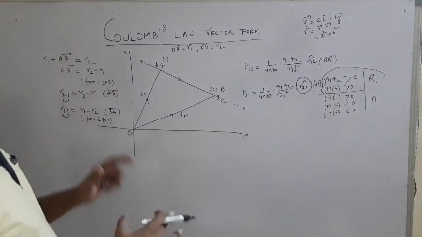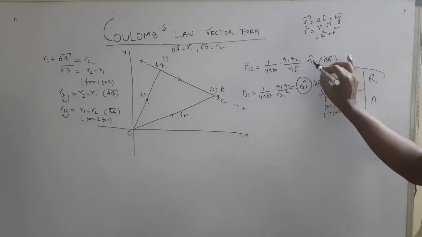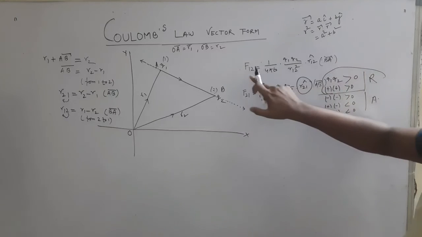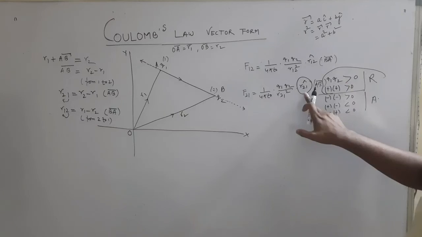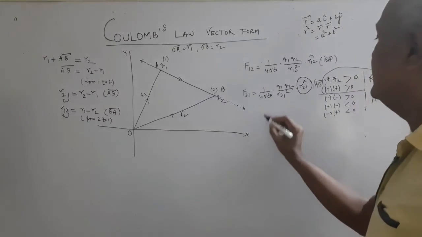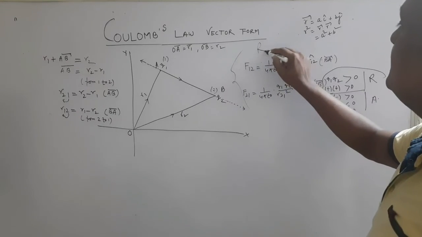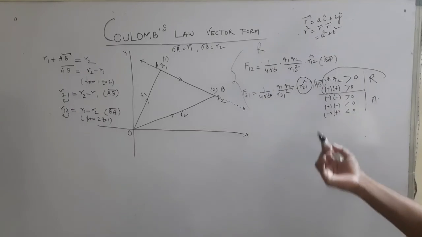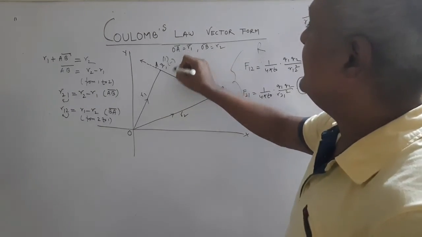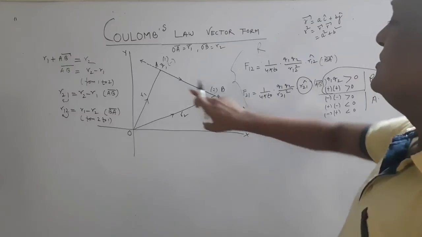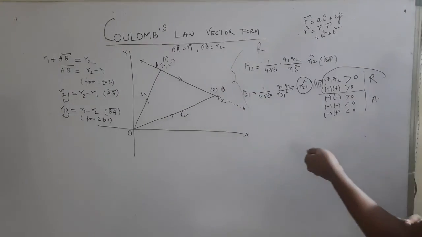Now if the charges are different, then only this R12 will change. Here in this case, R12 will become R21. In the case of these two, I mark it as the repulsion set of forces. These two are repelling each other, but what if they are attracting? Suppose Q1 is negative and Q2 is positive, so the force on Q1 due to Q2 will pull it towards it.